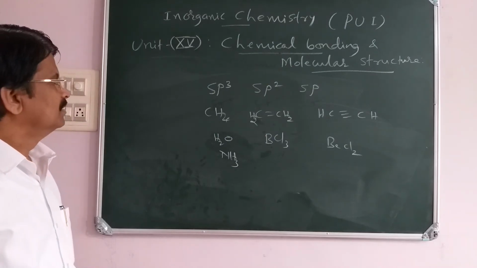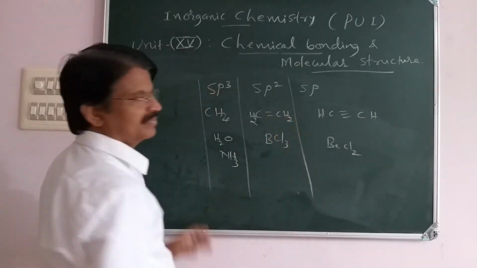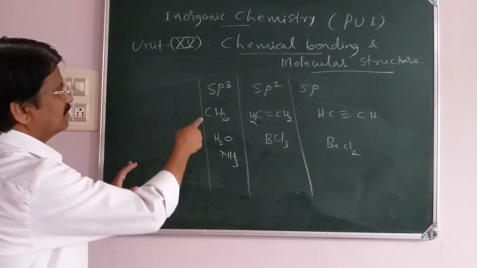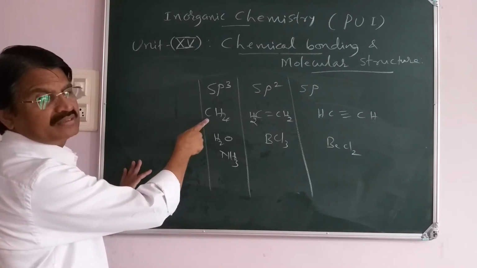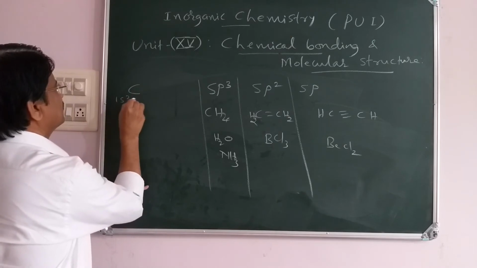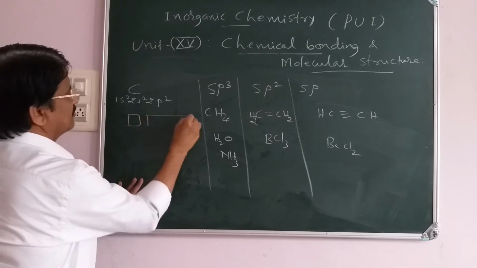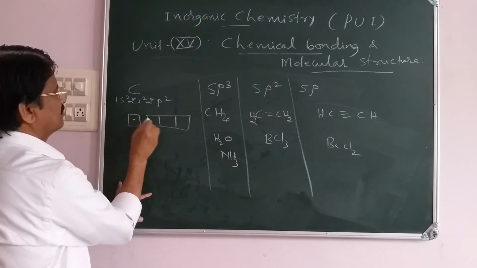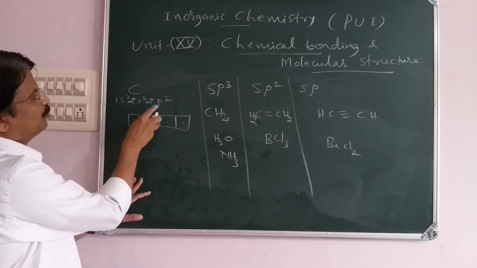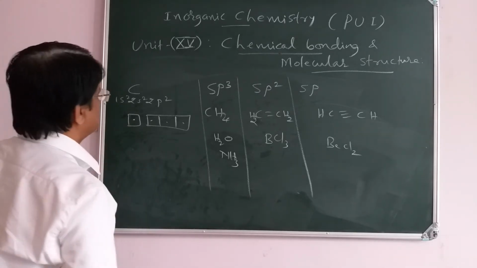Okay, so in case of sp3 hybridization, 1s and 3p orbitals of carbon. 2s2, 2p2.